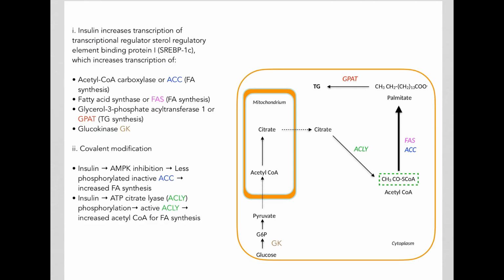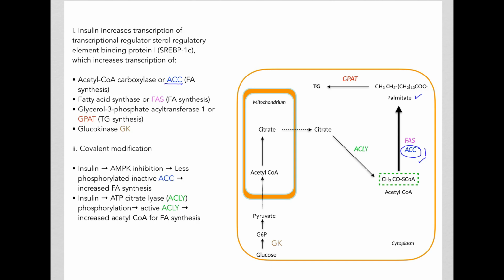For example, there is increased transcription of the enzyme acetyl-CoA carboxylase, or ACC, and as we discussed in a previous video on fatty acid synthesis as well as triglyceride synthesis, this enzyme plays a very important role in the synthesis of fatty acids.